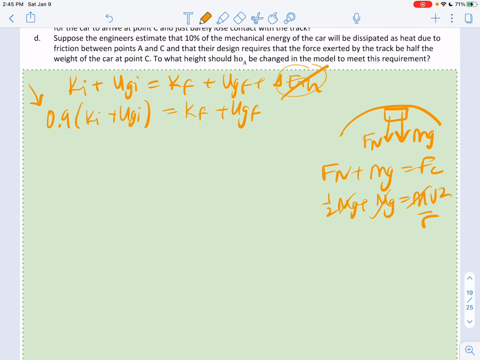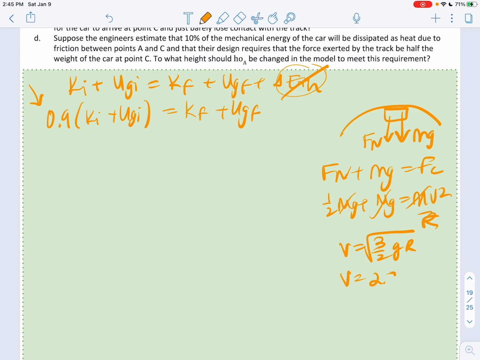Then all those m's are going to cancel. When I add these together, half g plus g is going to be 3/2 g. So my velocity is going to end up to be the square root of 3/2 gr.